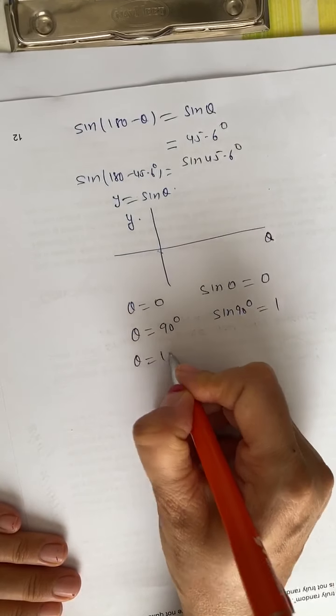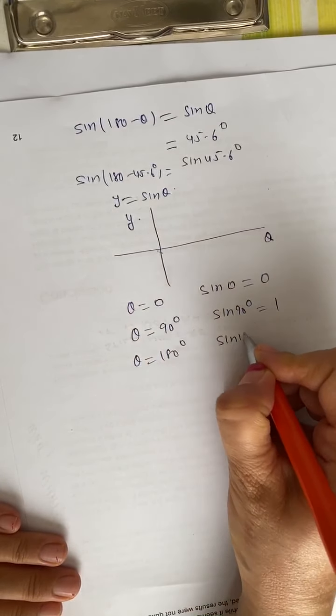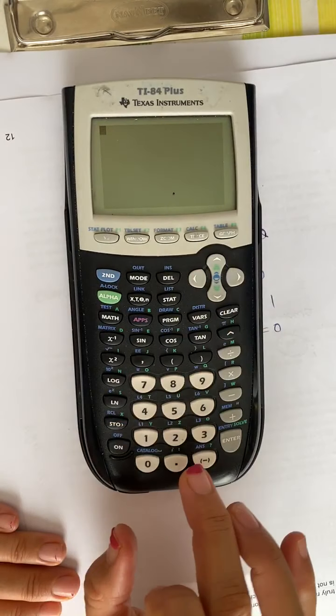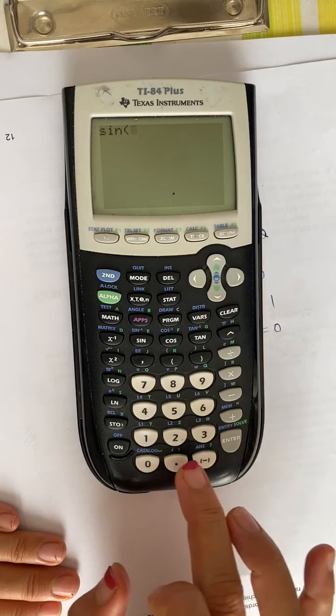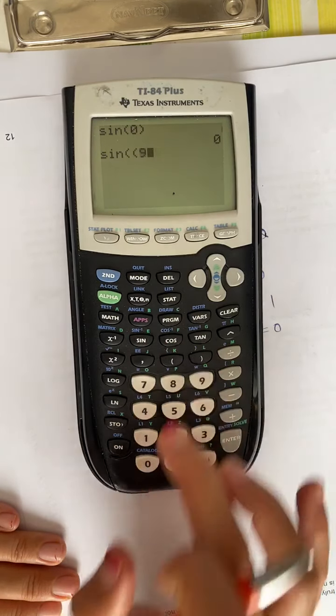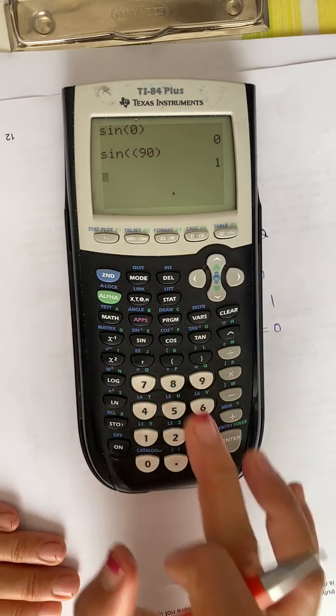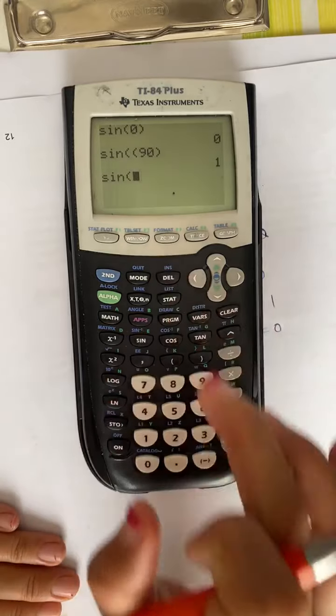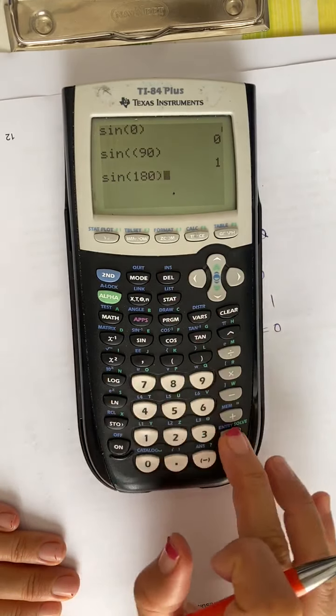And if theta is 180 degrees, sine 180 is equal to 0. Let me show you very quickly on the calculator: sine 0 is 0, sine 90 is 1, and sine 180 is 0.